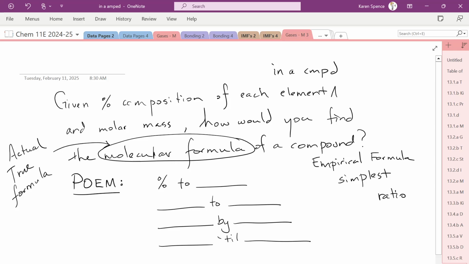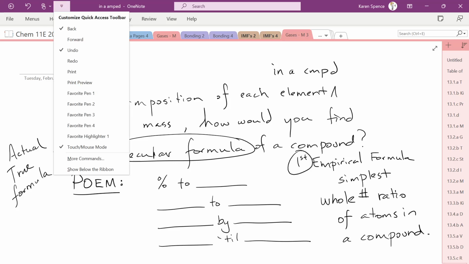No. It is the simplest whole number ratio of atoms in a compound. Now, in order to find a molecular formula, you must first find the empirical formula.